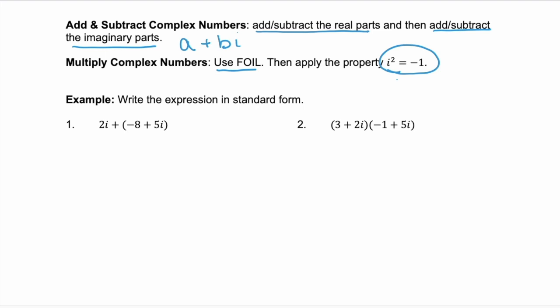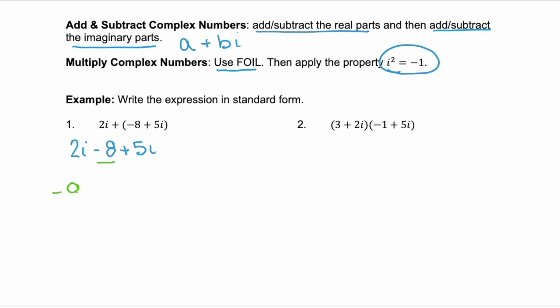Let's look at these examples. We need to write the expression in standard form. That means a plus bi. The first example, we're adding. We have 2i plus (-8 plus 5i). So we can rewrite this without parentheses. Now we need to add or subtract the real parts. Well, the only real part we have is -8.